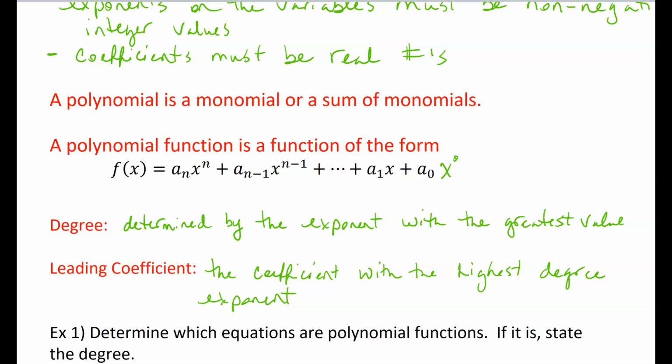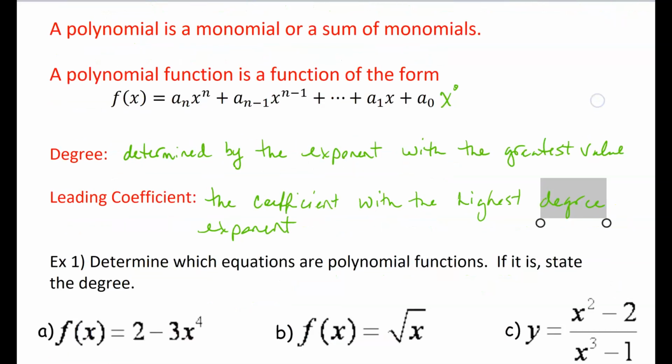And the reason those two pieces are so important is because they are the ones that pretty much dictate what the polynomial will do as you move away from 0 in both directions. And we'll talk more about that in just a little bit.